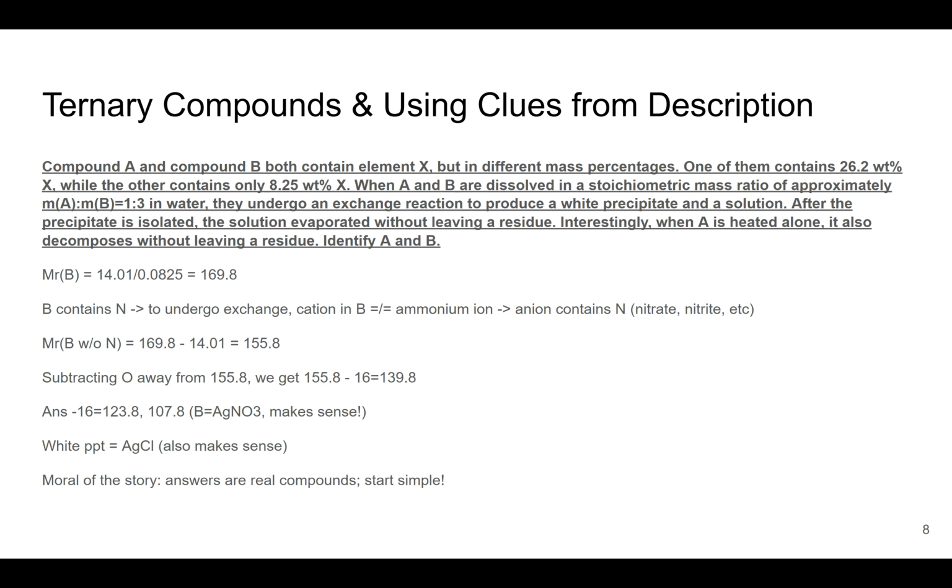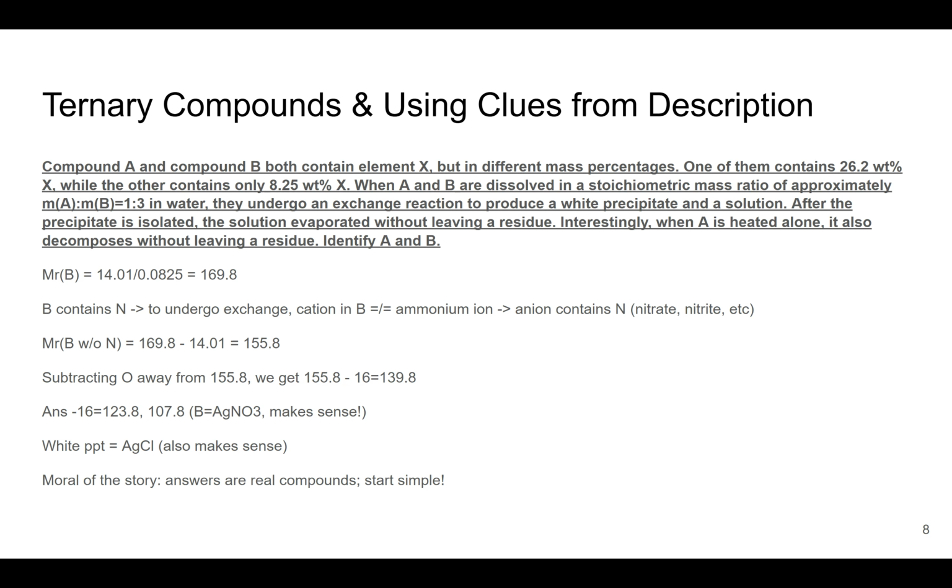So the relative molecular mass of B without nitrogen, that means the mass of everything else in B, is 169.8 minus 14.01, and it gives us 155.8. And because we know that B contains only one nitrogen, we don't need to subtract any more nitrogens from it. Instead, we can just subtract more oxygens from it. So we subtract the molar mass of oxygen away from 155.8 to see if we can hit any element that can be the cation.